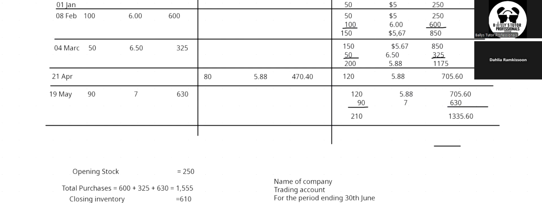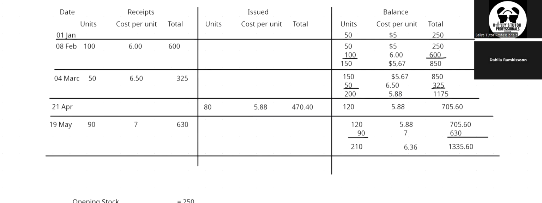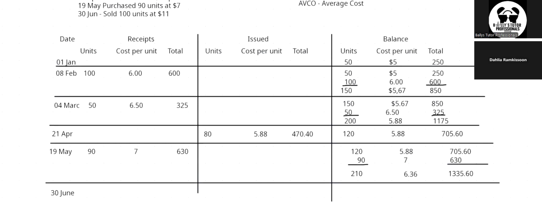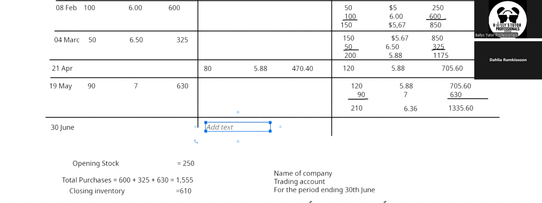So when I finally sell my last set, June the 30th, I'll simply be selling 100 units that are worth $6.36 each, which will give you a total of 636. Right, 636.